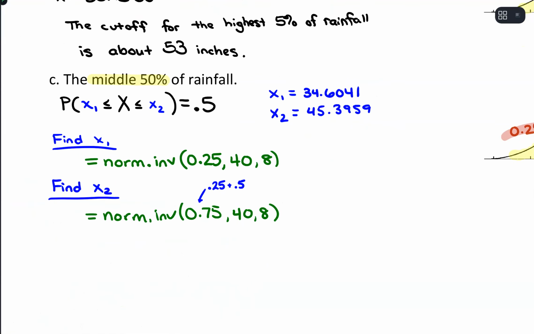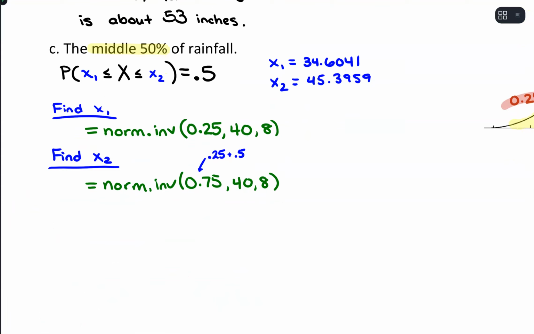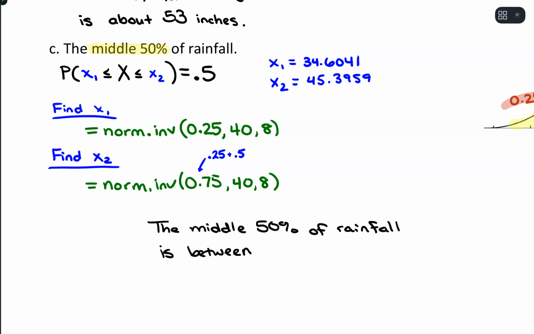Okay, so answering the question: the middle 50% of rainfall in Portland is, and let's keep up with our rounding to a whole number, between about 35 and 45 inches of rainfall.